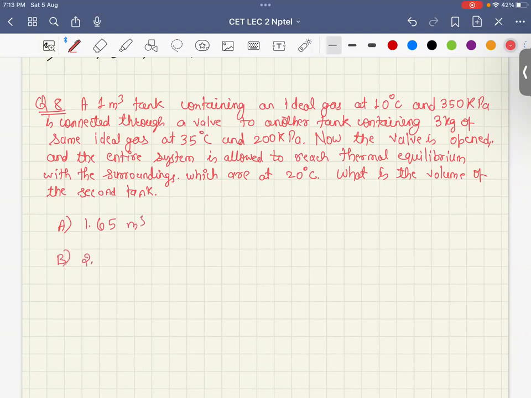Option B is 2.98 meter cube. Option C is 1.89 meter cube. And option D is none of the above. First try to solve the question, then I will explain, and again give a couple of minutes for you to solve.